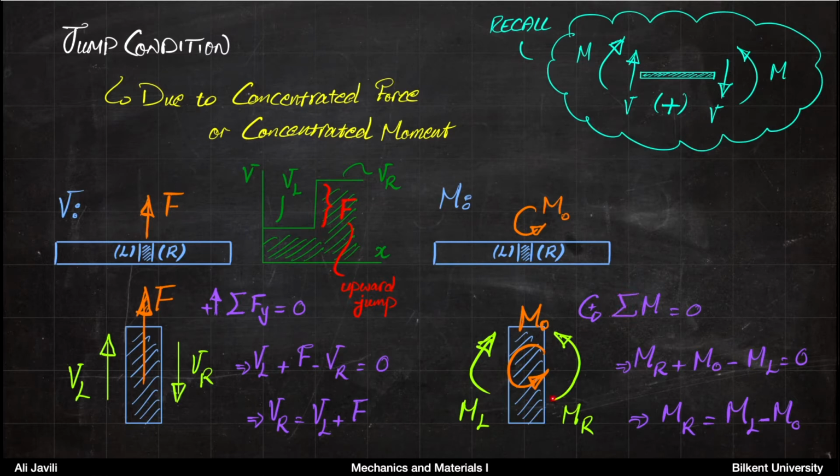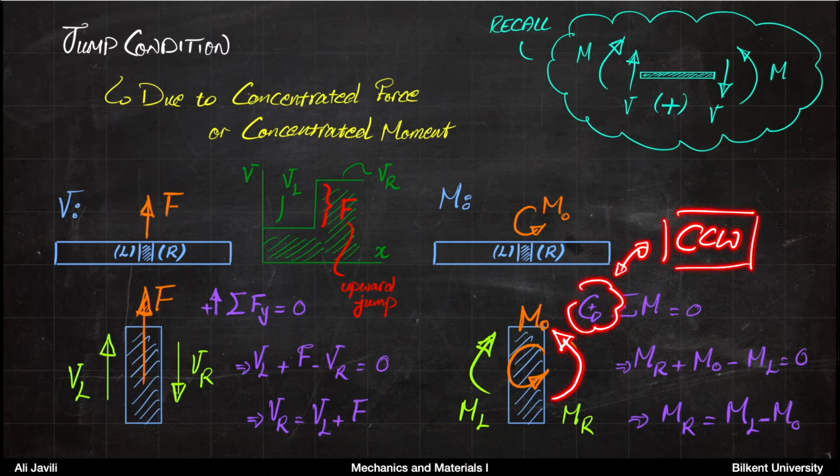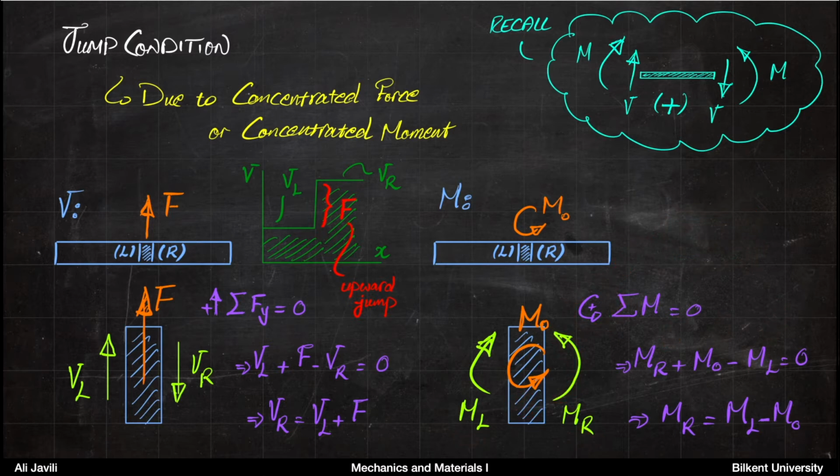In this case, you have the moment on the right-hand side, MR, and assuming that counterclockwise is plus, you get MR with a plus sign. You get MO also with a plus sign. And then you get ML with a minus sign. So this would be your equilibrium equation, MR plus MO minus ML equals 0.